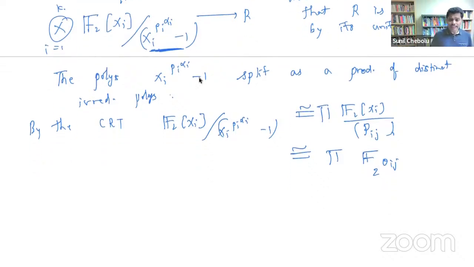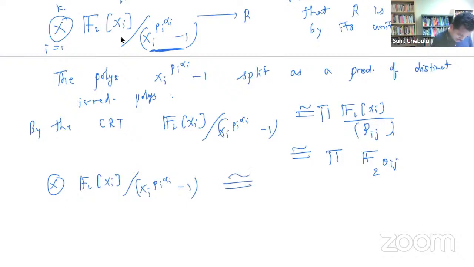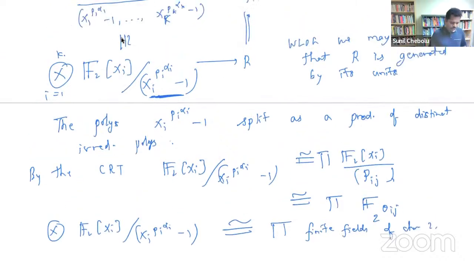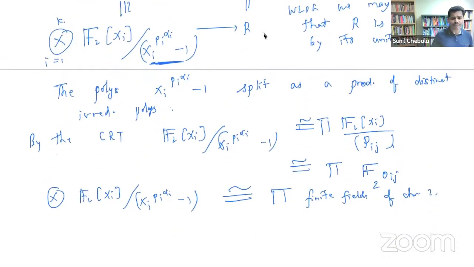Okay, and now a tensor product of this kind distributes. So the conclusion is that the tensor product of the F2[x_i] will be some grand product of finite fields of characteristic 2. Now, finally, R itself will be a quotient of a product of finite fields.